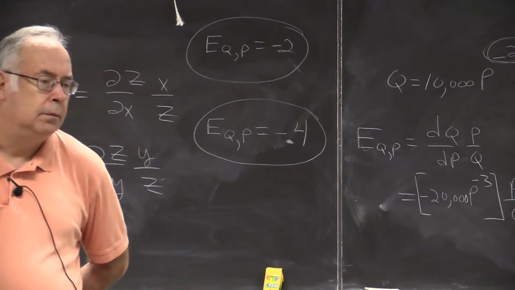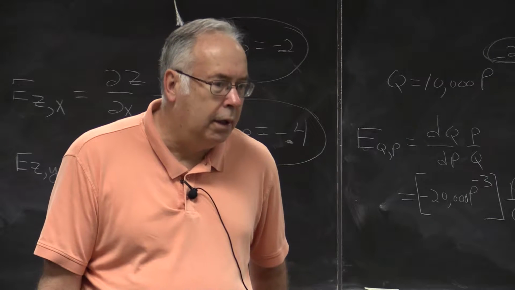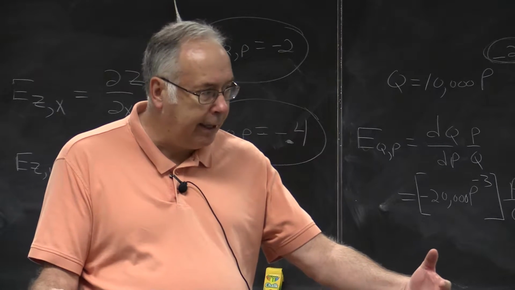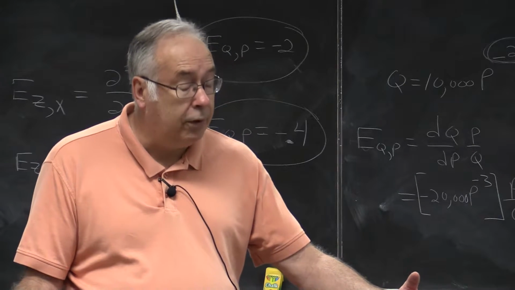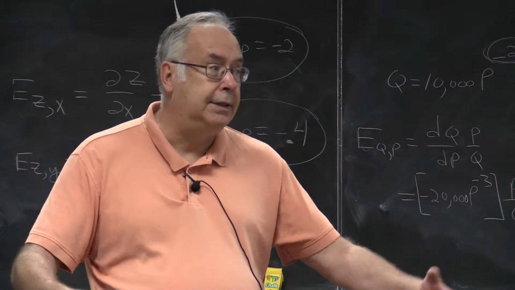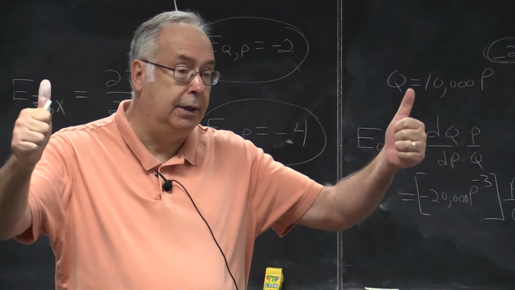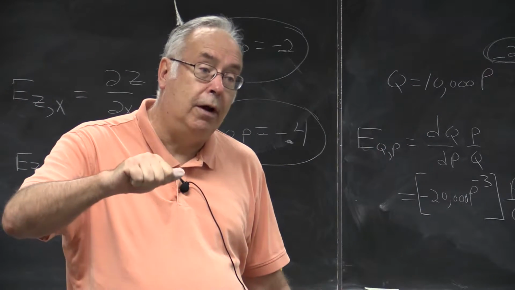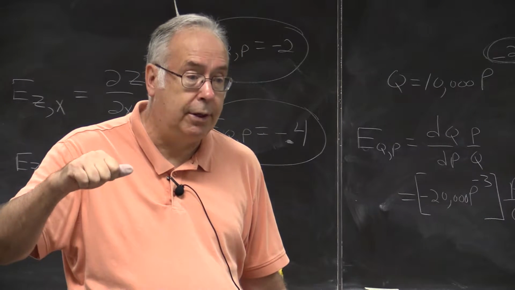Increase the price by 10%, and the quantity consumed would fall by 4%. Exactly right. If you raise the price of cigarettes by 10%, quantity demanded would fall by 4%, less than proportional to the price. Price is going up 10%, quantity is only falling by 4%, less than half as much as the percentage increase in price.